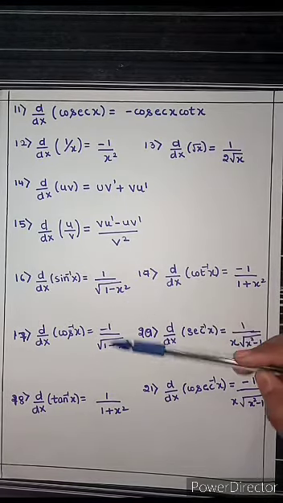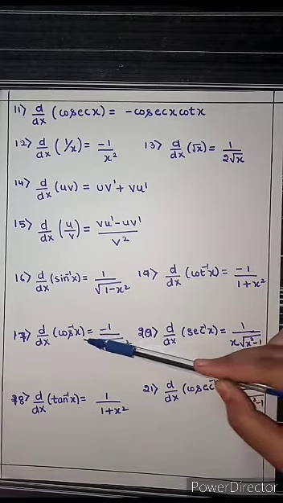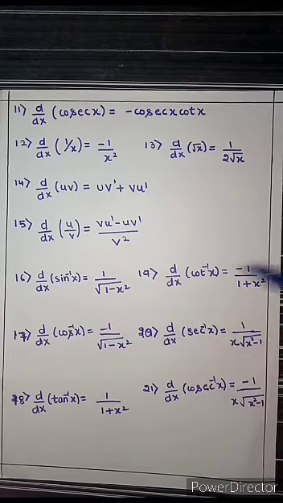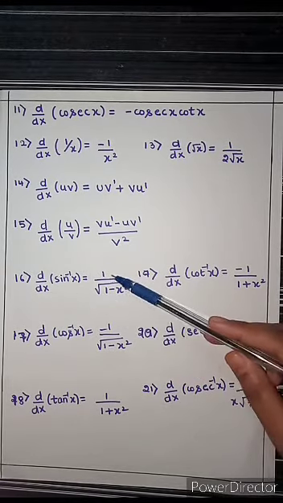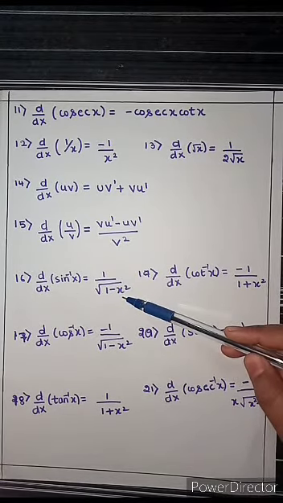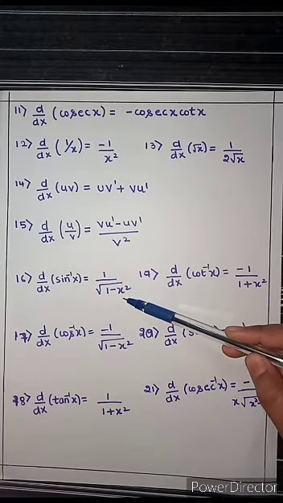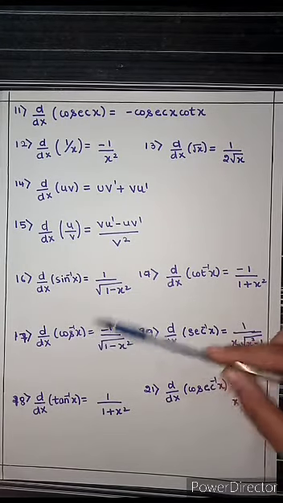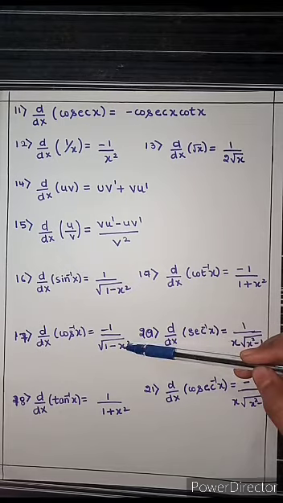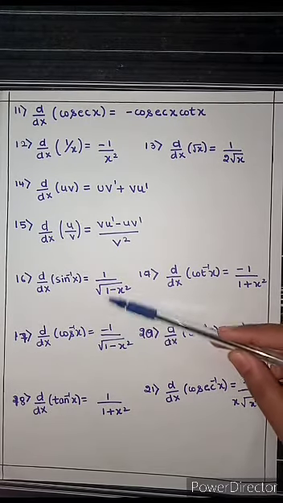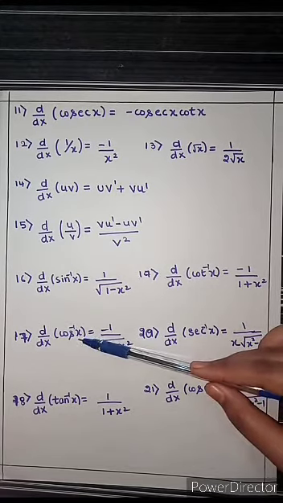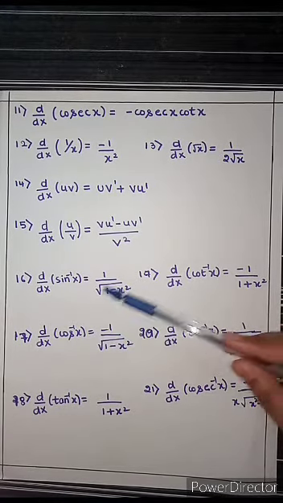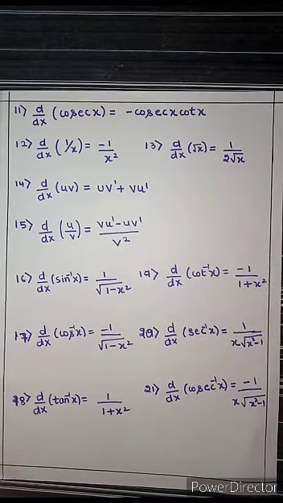If you memorize this, derivative of cos inverse x is easy for you. If derivative of sine inverse x is 1 over root of 1 minus x square, then for cos inverse x just put minus to that. That's it. Only the negative symbol is the difference. When cos inverse comes, just put minus. When sine inverse comes, write as it is.